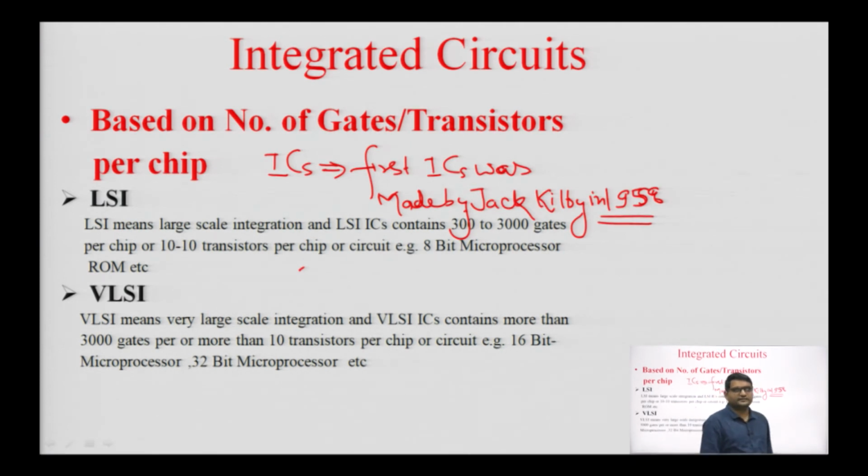The other member is Robert Noyce. Robert Noyce made the first true IC, which is made from silicon material. So these two people discovered the integrated circuit.